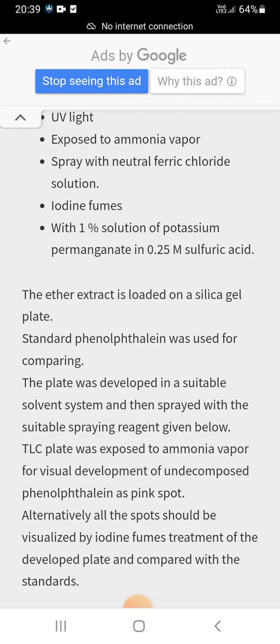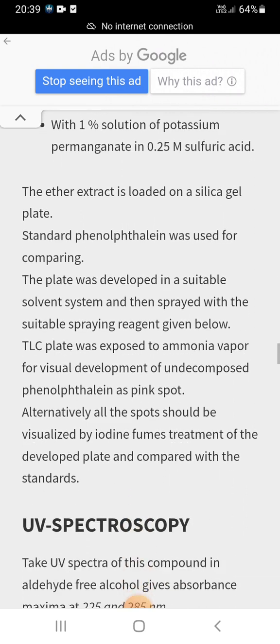The solvent front is marked with pencil. It is dried in an oven, and then the TLC plate is exposed to ammonia vapor for visual development of undecomposed phenolphthalein as a pink spot, or we can visualize the spots by iodine fumes treatment.